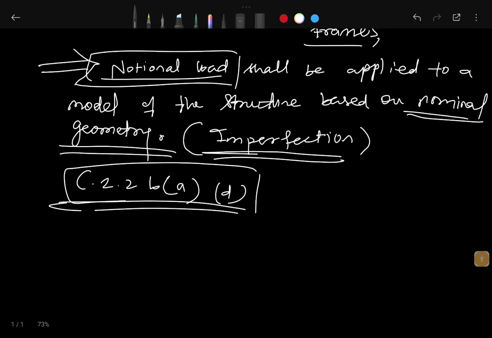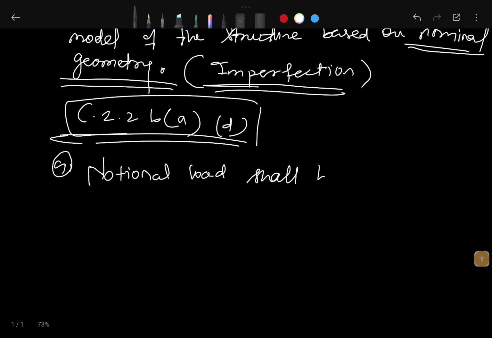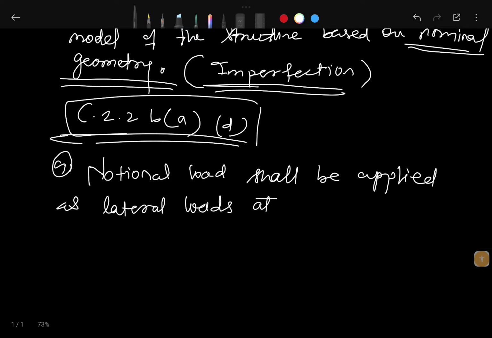Notional load, second point, in this you can see the first point, notional load shall be applied as lateral load at all levels.